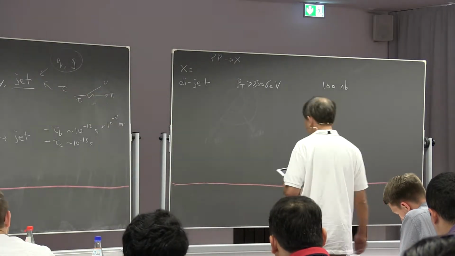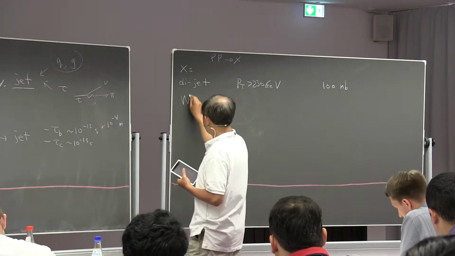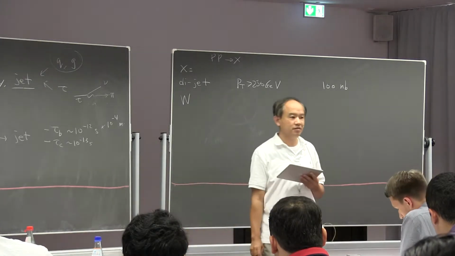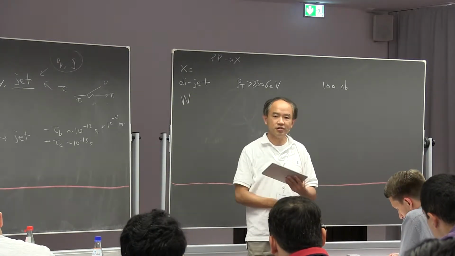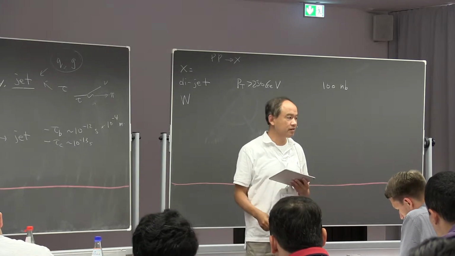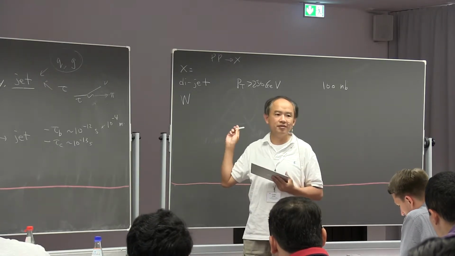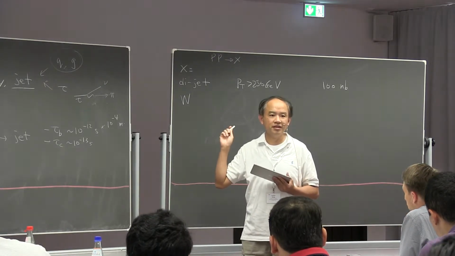Then you can also have W production. This is a 2-to-1 production, on-shell production of W. Do I need to draw the diagrams for this? Do you know the diagram that produces a W?